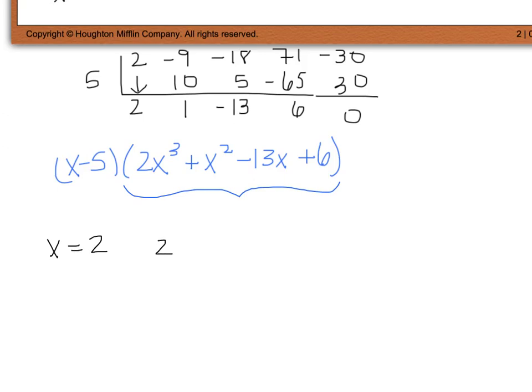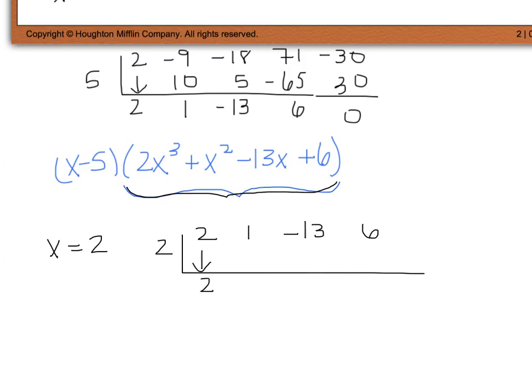So when I do synthetic division, I have 2, and again I'm going to use just this little bit right here. So I have 2x cubed, 1x squared, negative 13x, and 6. So I'm going to bring my 2 down. That's going to give me 4, 5, 10, negative 3, negative 6, and 0.